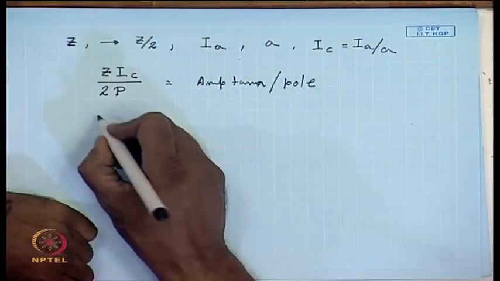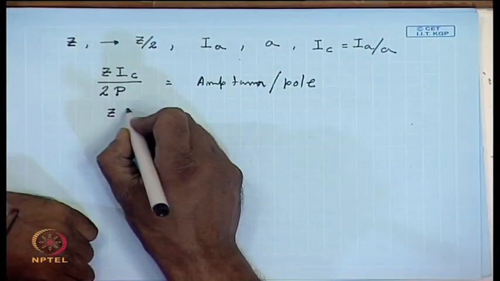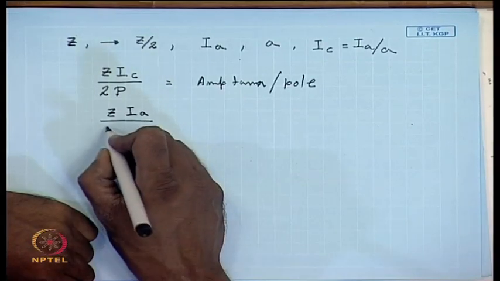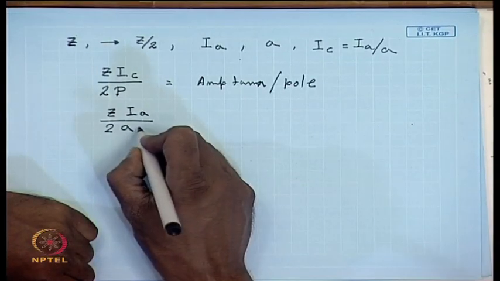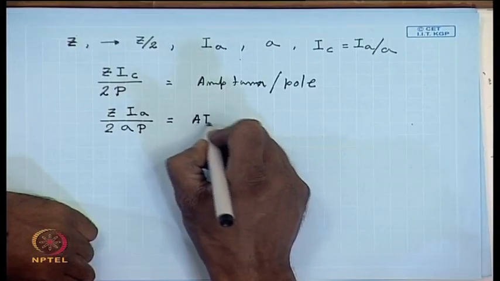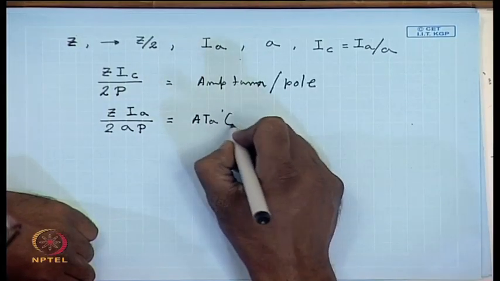That is Z I A by 2 A P, the armature ampere turns peak.